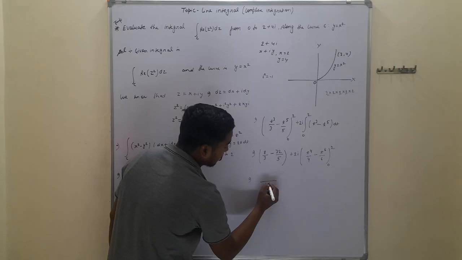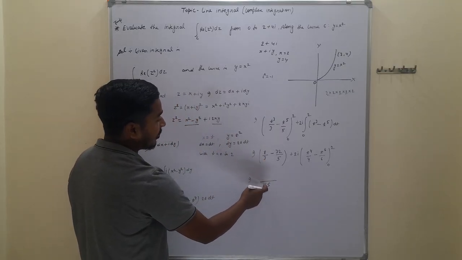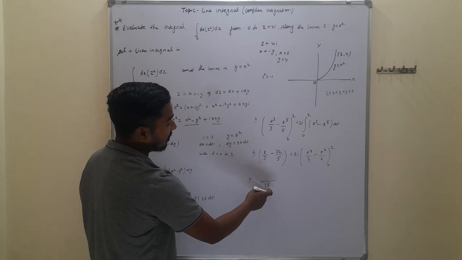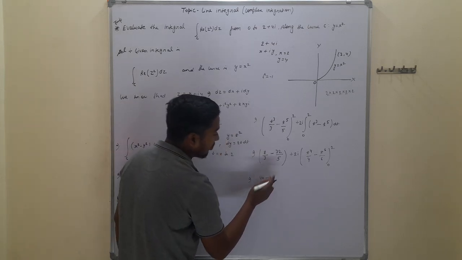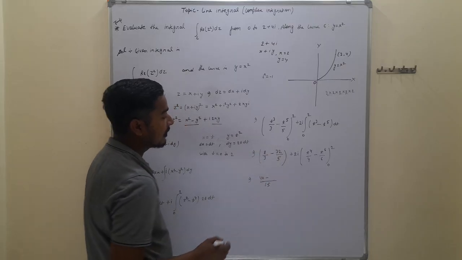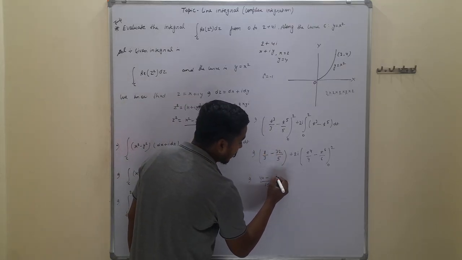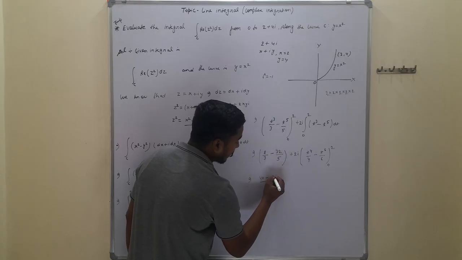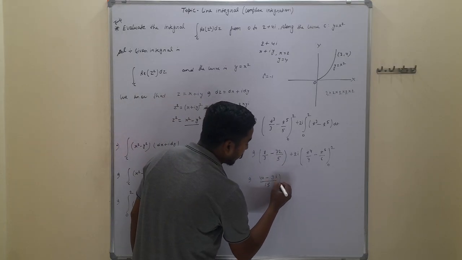Taking LCM, this is 15: 3 5s are 15, 8 5s are 40, minus 5 3s are 15, 32 3s are 96.